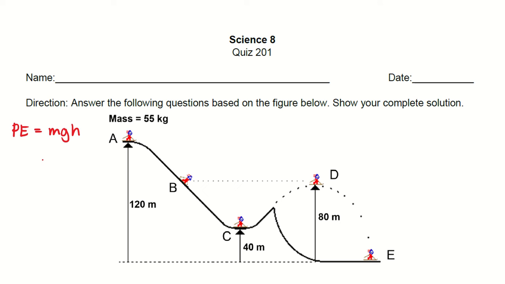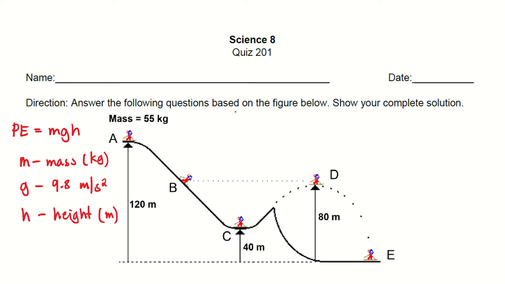Again, mass is m, g is a constant value which is 9.8 meters per second squared, and h is your height in meters. Mass will be in kilograms, height in meters.